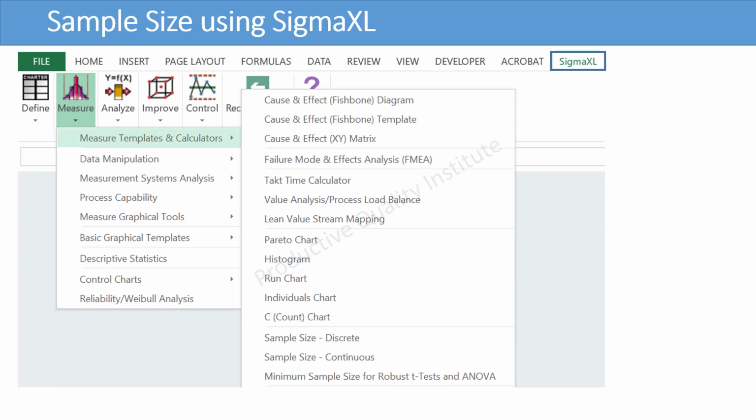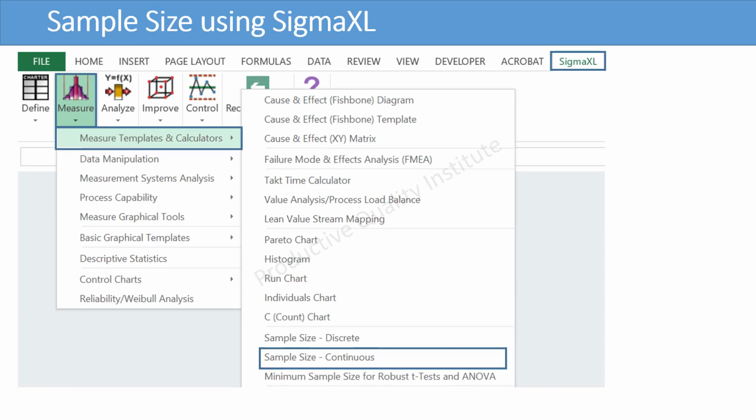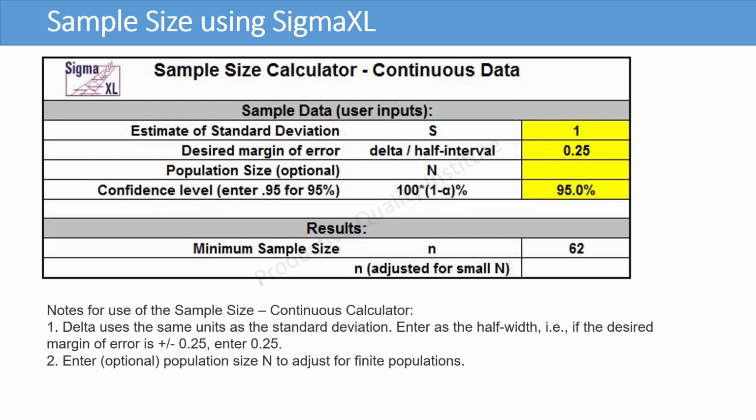Click SigmaXL, then Measure, then click Measure Templates and Calculators, then click Sample Size-Continuous to access the sample size of continuous data calculator in SigmaXL. The template gives the following default example: notes for use of the sample size continuous calculator.